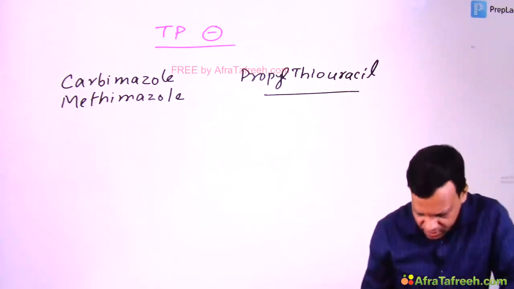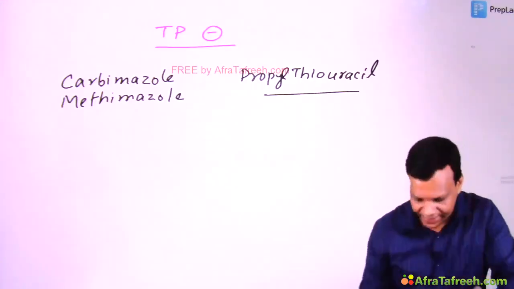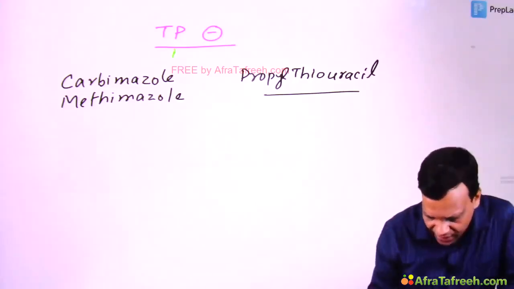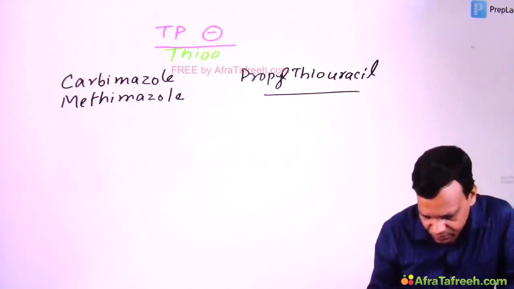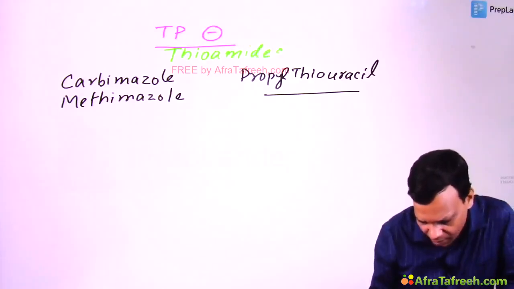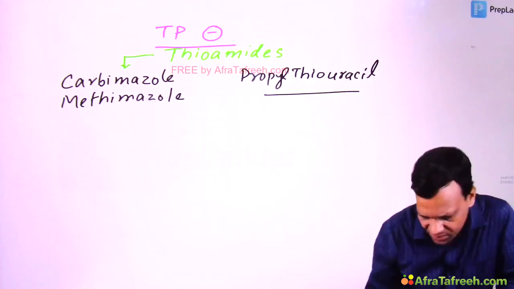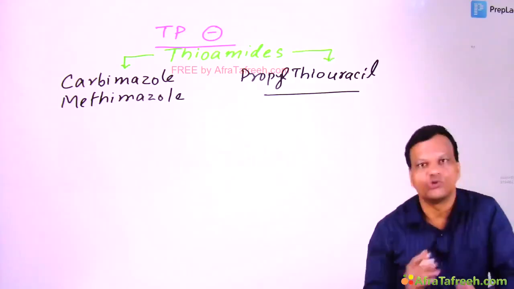All these three drugs chemically belong to the same category, and that chemical structure is called thioamides. So all of these are thioamides. They may be carbimazole or methimazole like, or they may be propyl thiouracil like.